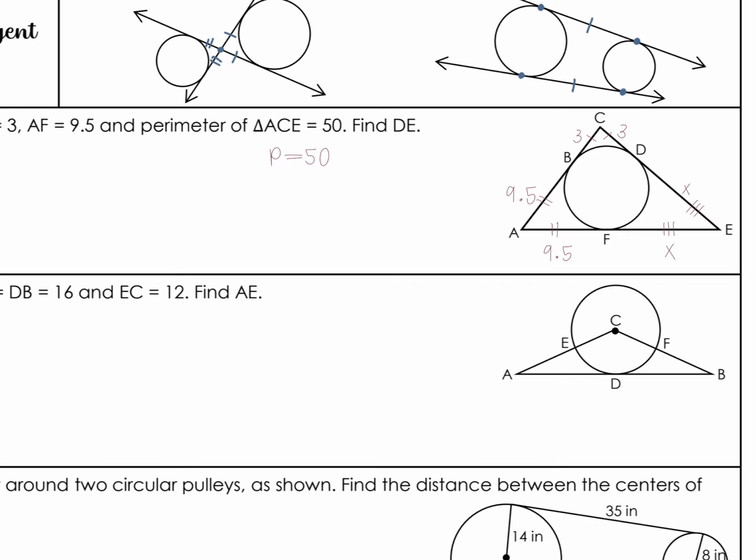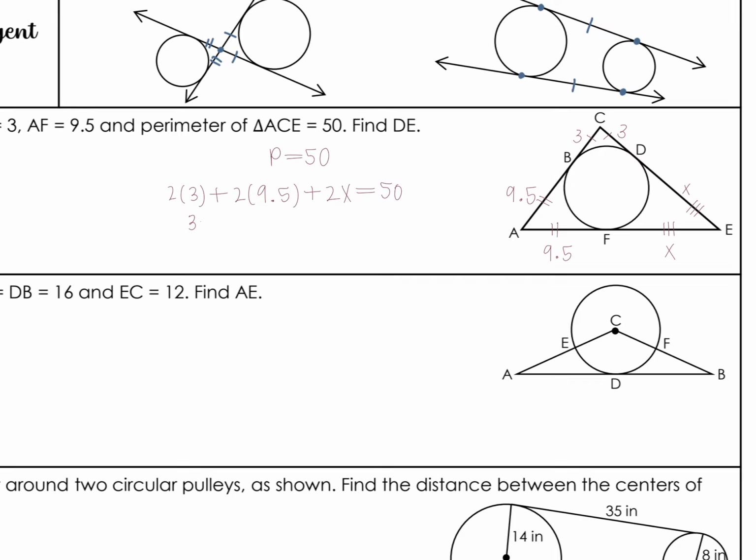Okay, so I can write an equation here to say that 2 times 3 plus 2 times 9.5 plus 2x is going to be equal to the perimeter of me adding all those sides of 50. Then I'm just going to go ahead and divide everything by 2 since I see that in every single term.